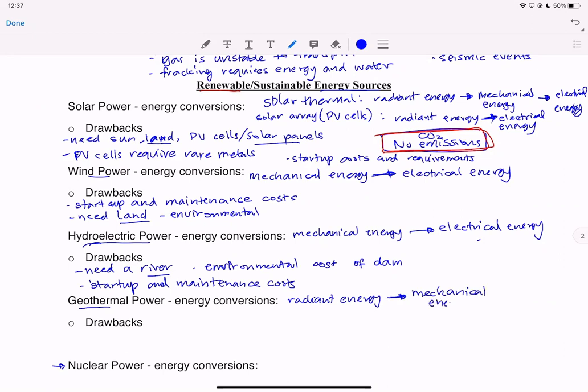So this is the same back half where you have water that's being boiled into steam, mechanical energy that moves the turbine blades, and that's how you get electricity for the grid. But again, there are no carbon dioxide emissions because it is not a chemical reaction. It's just taking the energy, the Earth's heat.